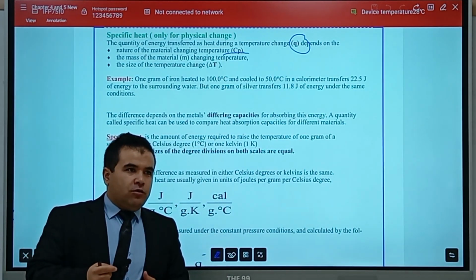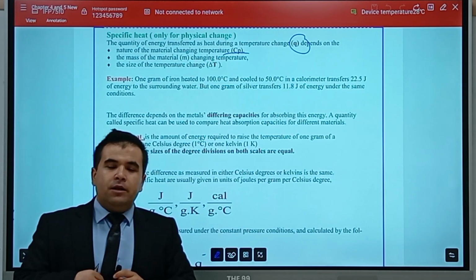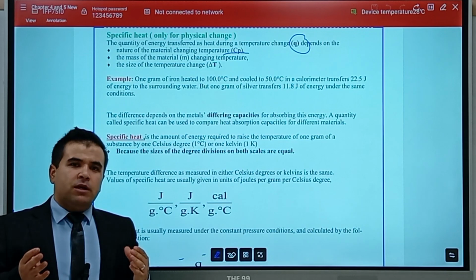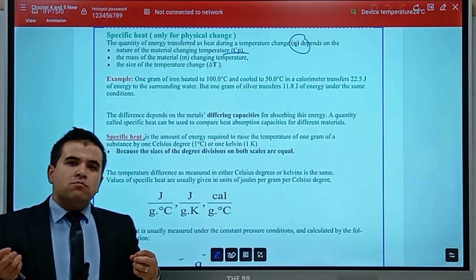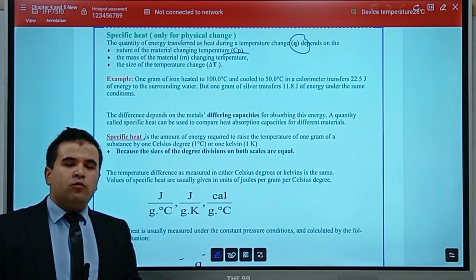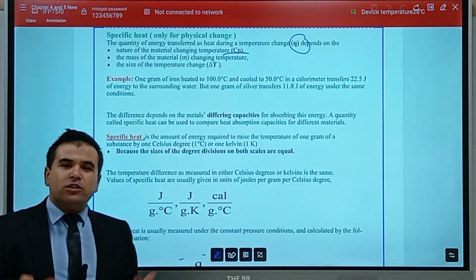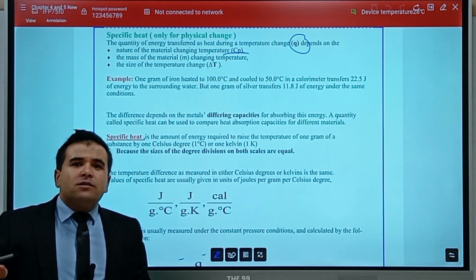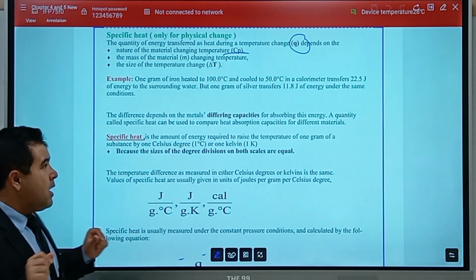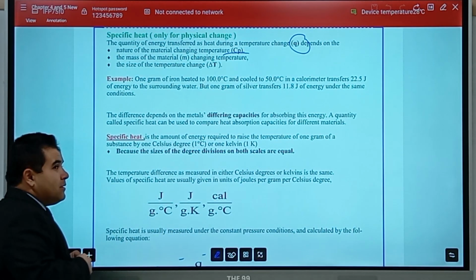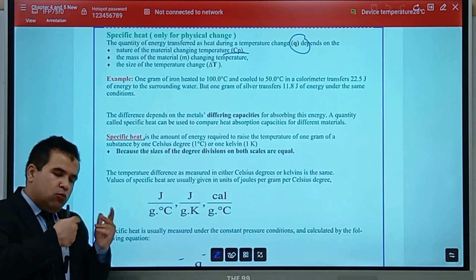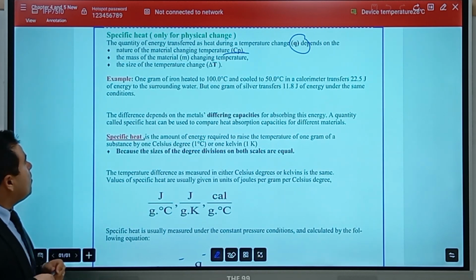The nature of the materials, guys: in nature, some substances or elements transfer heat more than others. A simple example: aluminum or copper, or metals in general, conduct or transfer heat more than non-metals usually. But the Cp is the representation of that nature, and we will define the Cp of the materials.